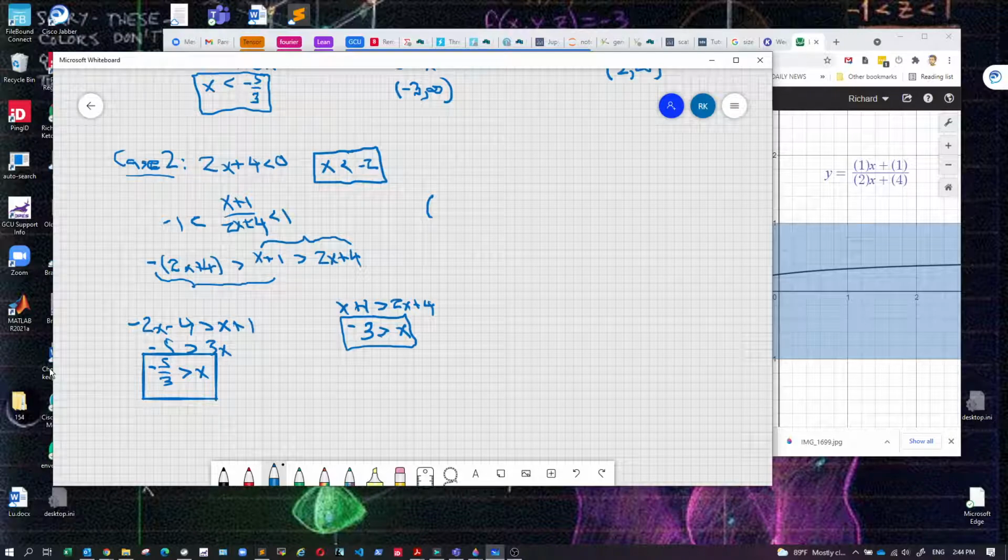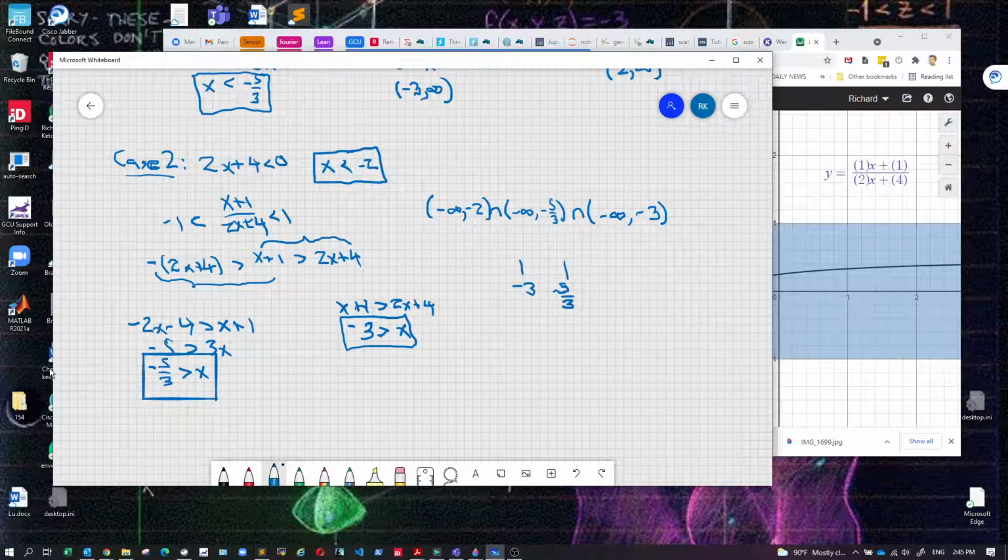So I have minus infinity to minus 2, intersect minus infinity to minus 5/3, intersect minus infinity to minus 3. Like that. And so, same sort of picture I have here, my minus 3, minus 5/3.